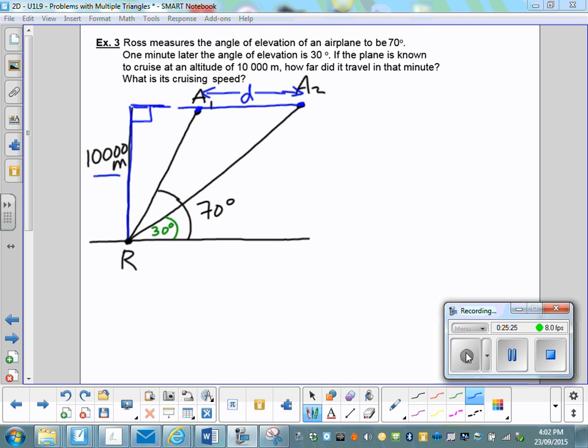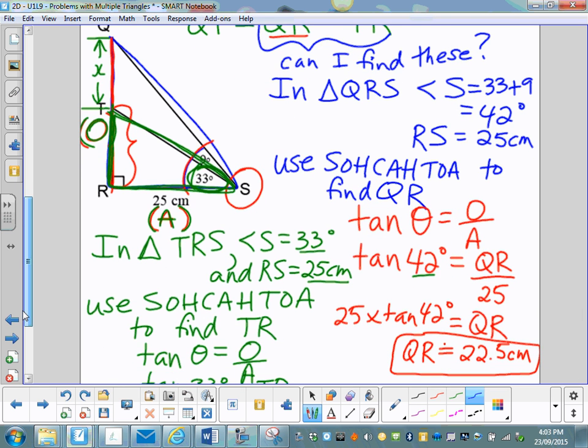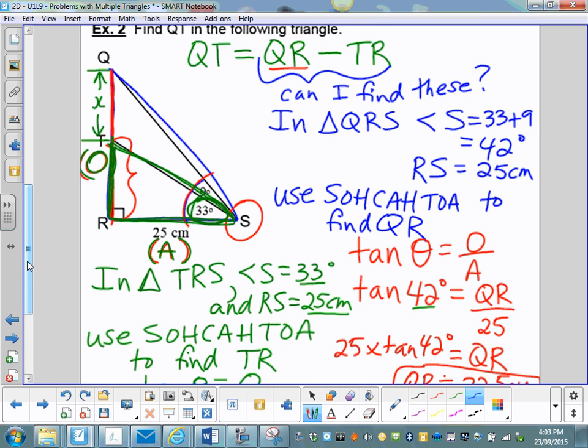Now, much like we did in the last question, we talked about that height. Let me just take a look at that. So we talked about this distance at the top here for QT was QR subtract TR.